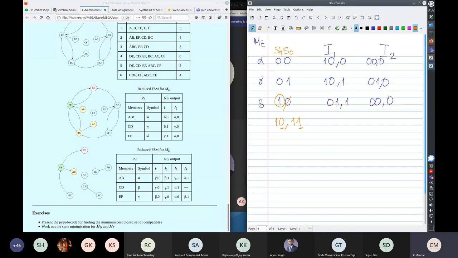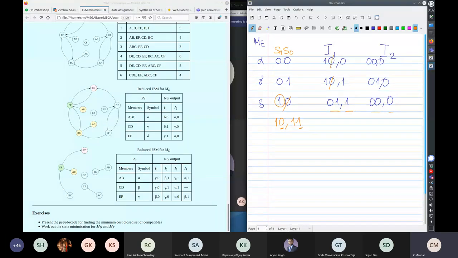So I can generate this function. Here, when I'm generating this, this output is really don't care.